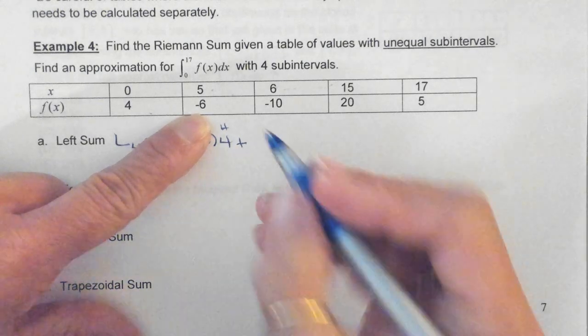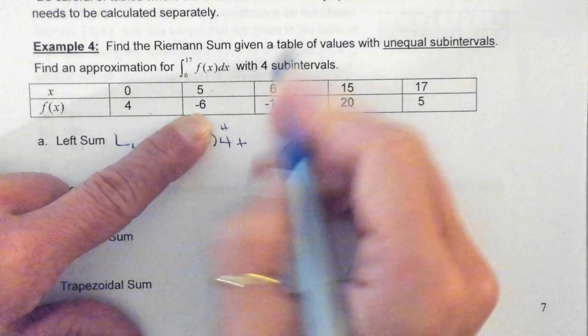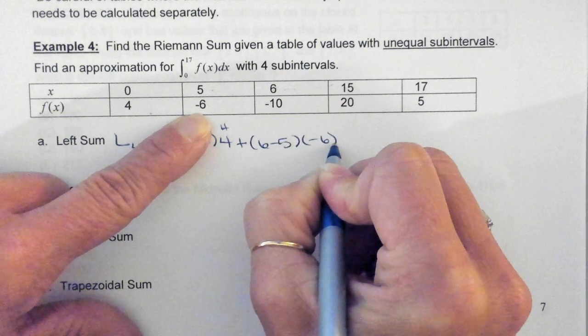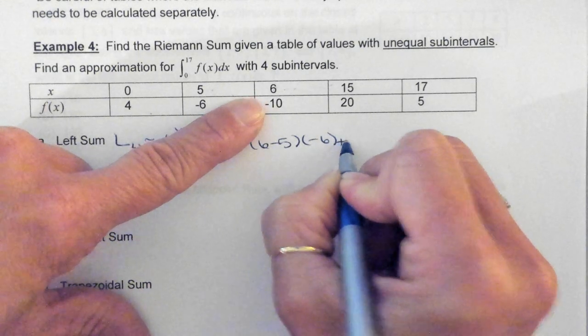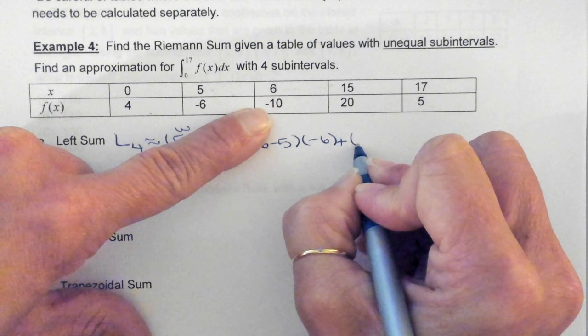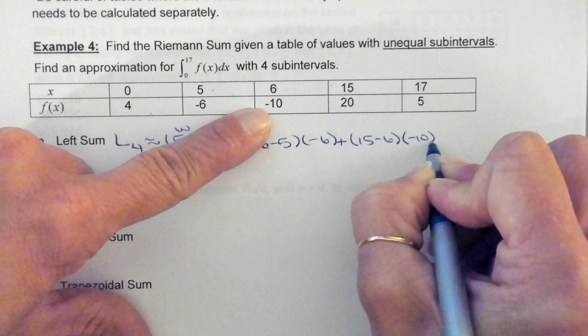So now my second width is going to be 6 minus 5 times -6. Then what is my third width? 15 minus 6 times -10.